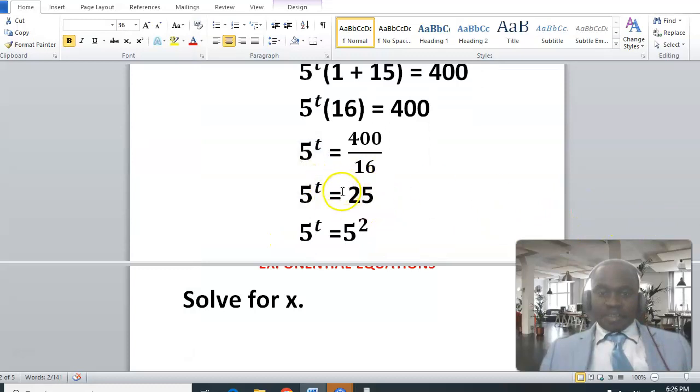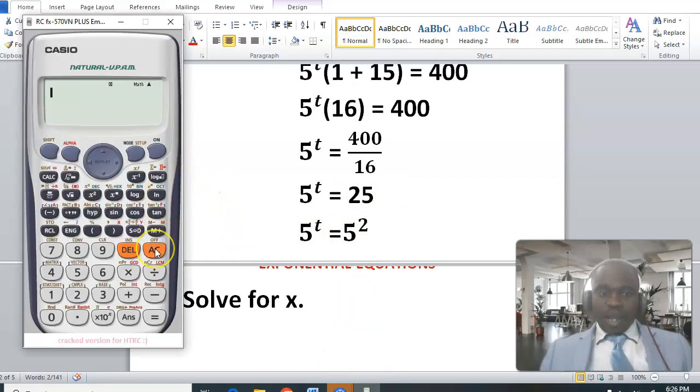But this, we can also write it as 25. We can write it in the same base. So how do we write it in the same base? You can just use this 5. You try exponent 1, it gives you 5. Oh, it doesn't give us 25.